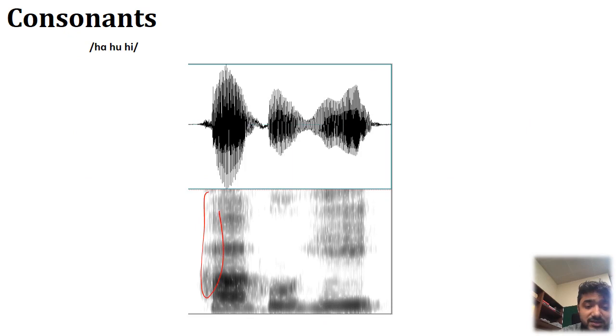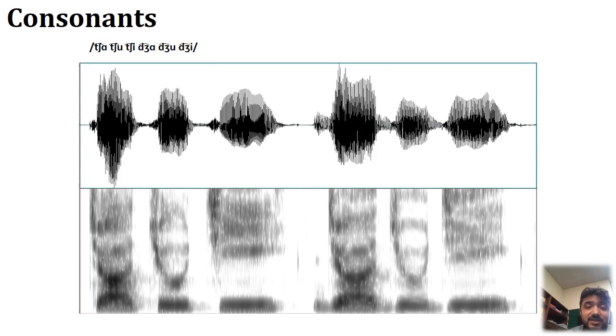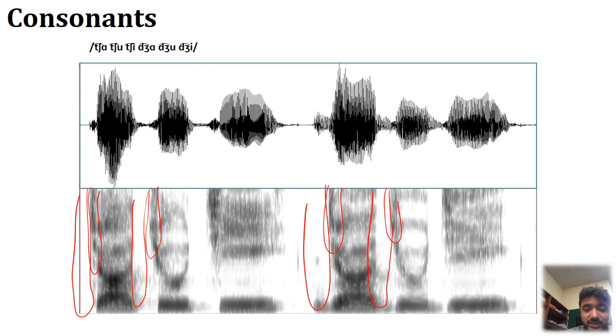Hahuhi, noise, in some cases very clear, in others not so much. Then you have chachuchi, jajuji, relatively easier to recognize. Burst plus frication, burst plus frication, burst plus frication.